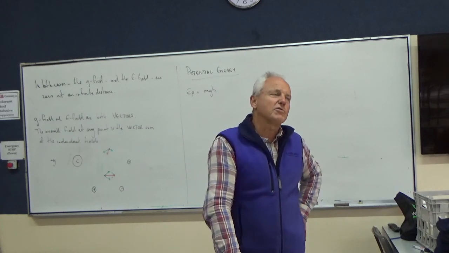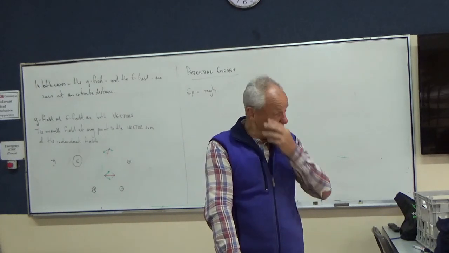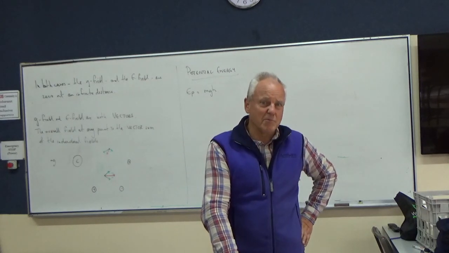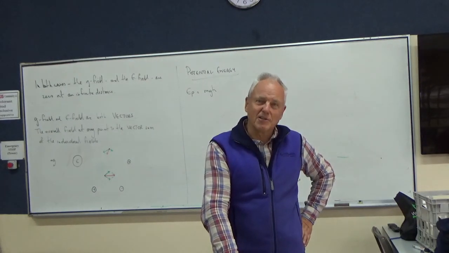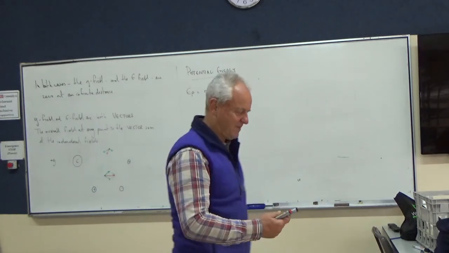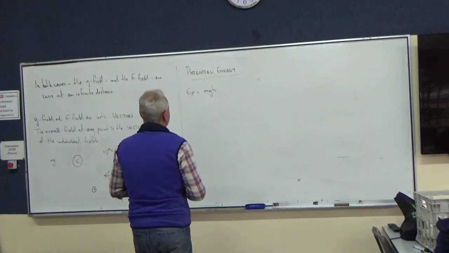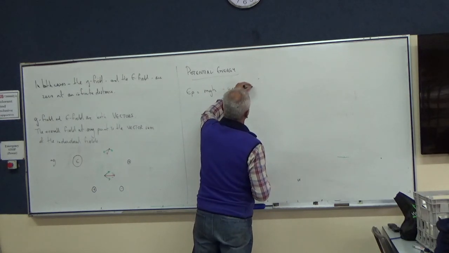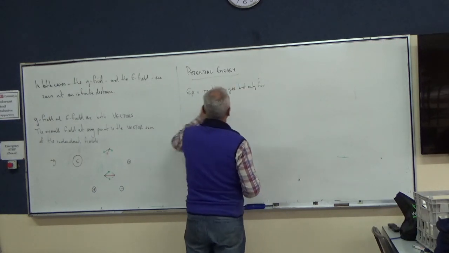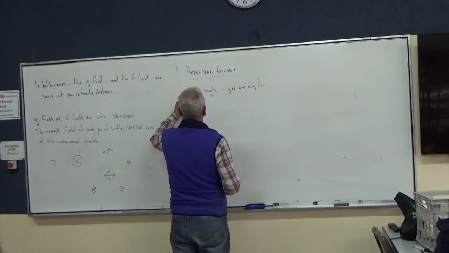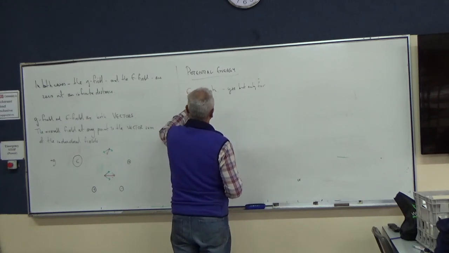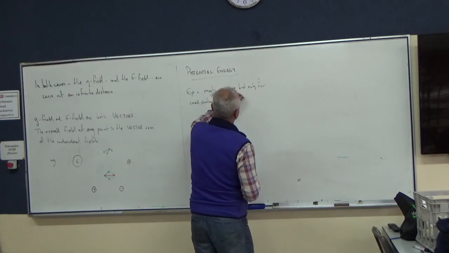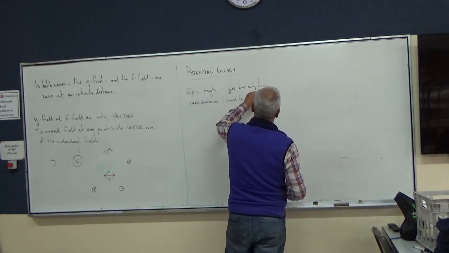If you want to send a rocket to the moon and you say, oh, we'll just use mgh, then you're going to be a long, long way out. So really, yes, but only for small distances or close to the Earth's surface.